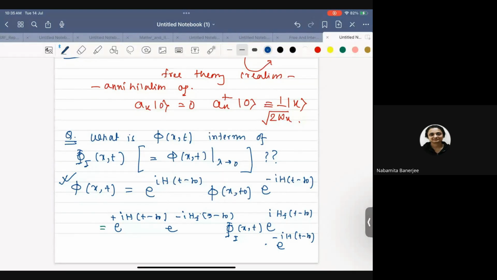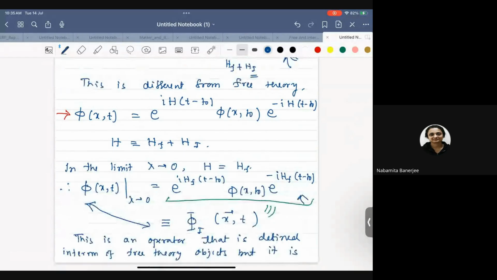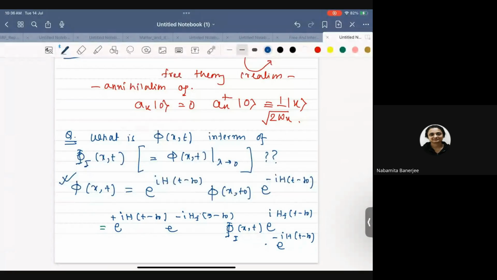Lovely. All I have done is use this relation. I have multiplied the lower line by exponential of minus i H free from the left and plus i H free from the right. Effectively, in the above line, the two exponential factors from both sides cancel and you get phi(x, t naught). Lovely. So as soon as you have that, you see what I have obtained: phi(x, t) in terms of phi I(x, t).